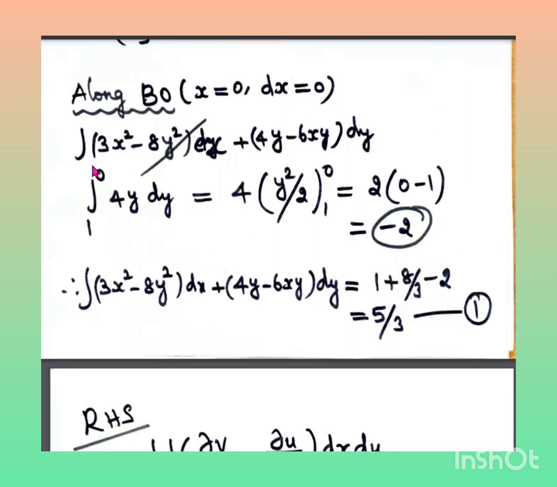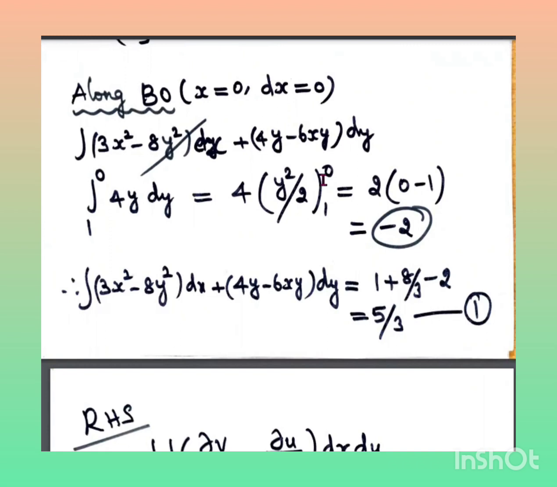So integral of (3x square minus 8y square) dx, which is given in the problem, plus (4y minus 6xy) dy. In the integral, the first term with dx will become 0. In the second term, x will be 0, so minus 6xy will become 0. So 4y dy. Along BO, you have to find the limit for y. At the point B, the limit is 0 for y. At the point O, right?